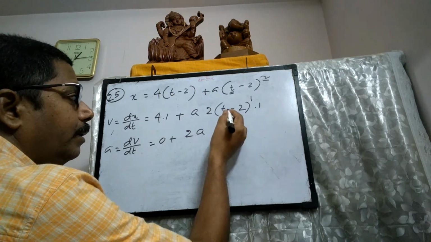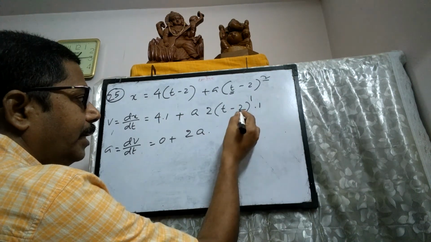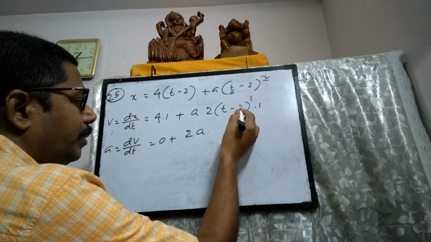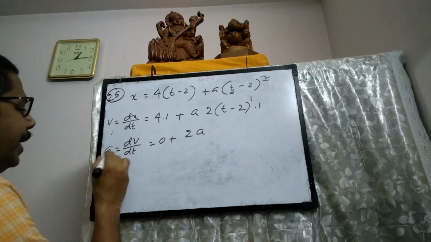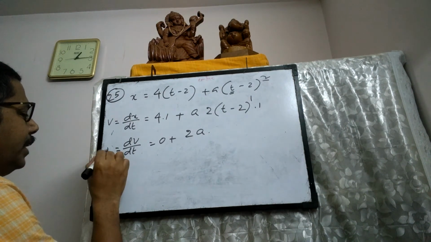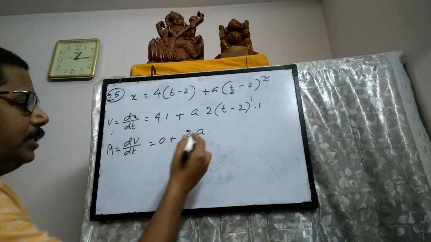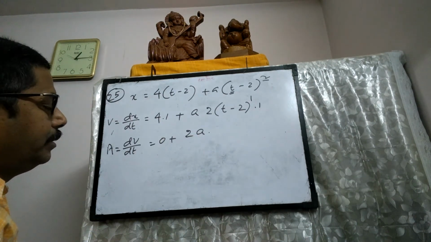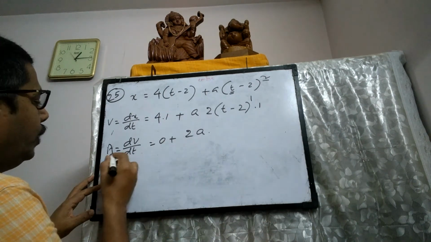So 2a into t, differentiation of t is 1, but for the second term this is a constant, so it becomes 0. So we get the acceleration. Let us say acceleration is capital A, because this a is already used in the question. So acceleration is equal to 2a.